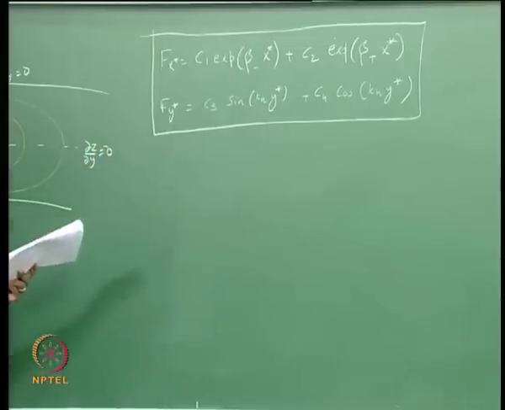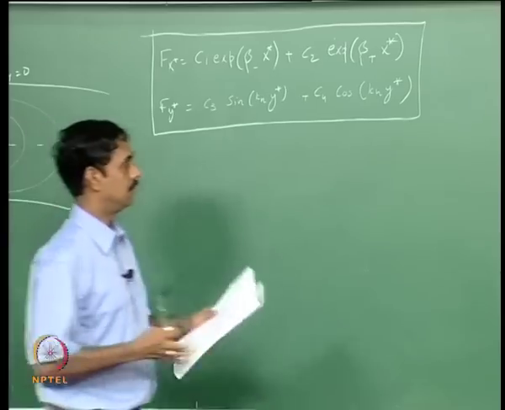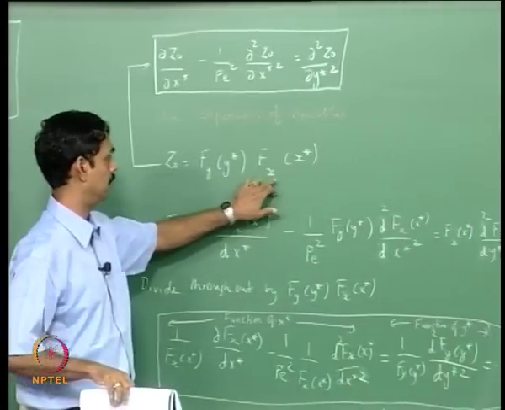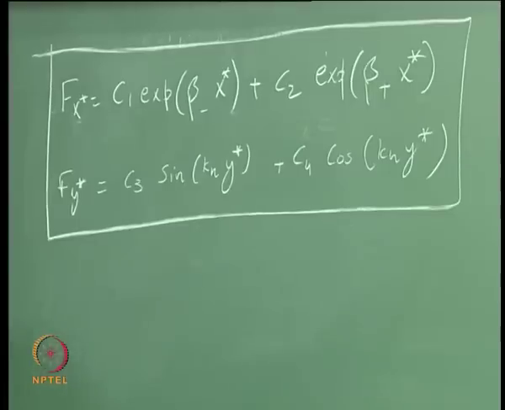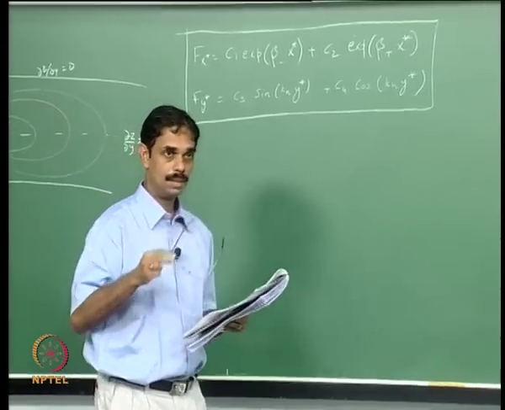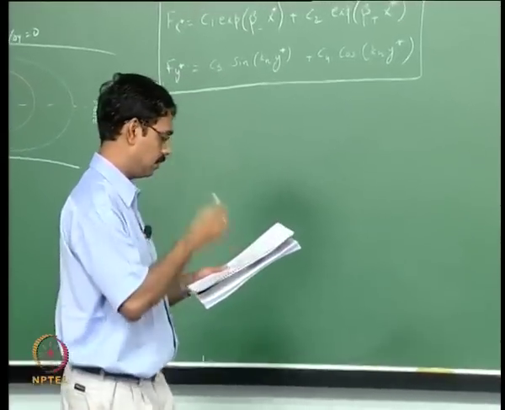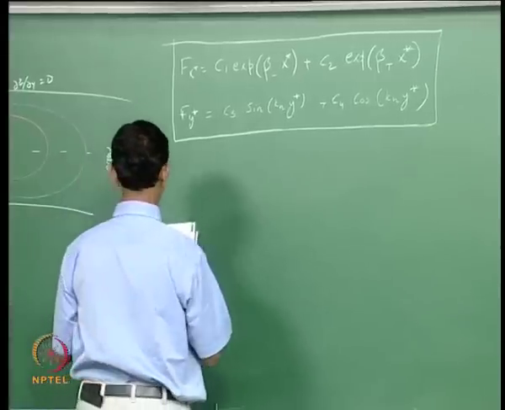So this is our solution, and our z is the product of fx and fy. If you take the product of these two, we should be able to get the solution. Now we have to apply the boundary conditions, and we will apply symmetry about y equal to 0.